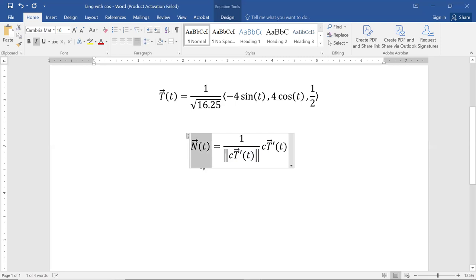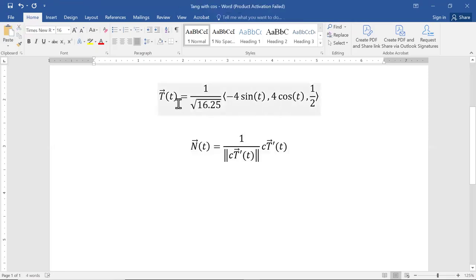So I'm perfectly okay. Since this is a scalar out front, I can simply multiply this unit tangent vector by a scalar. Again, it has to be a real number scalar. It cannot have any t's in it, any variables in it.